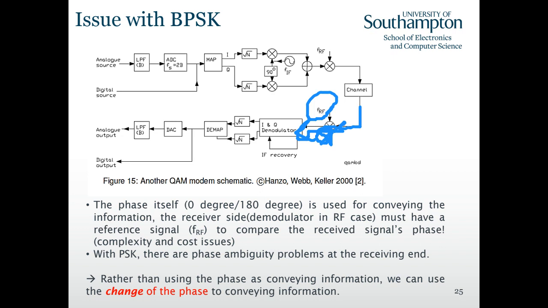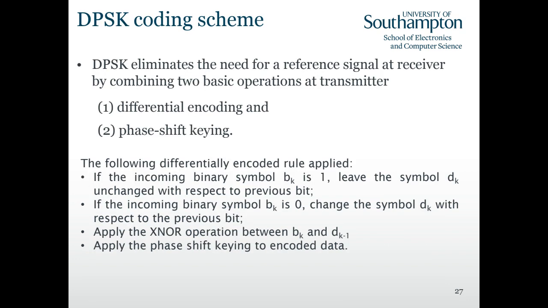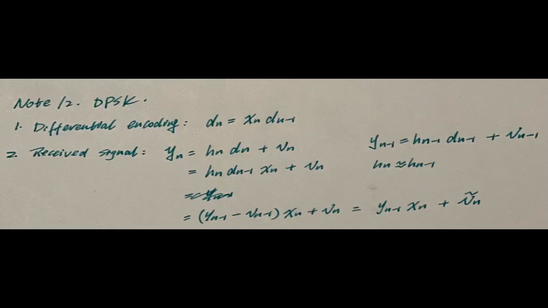So how do we reduce the complexity of the coherent receiver? We use DPSK. Let me show you a note here, which I have written on the whiteboard. The purpose of DPSK is that instead of using a locally generated laser, we use our own delayed version of the received signal as reference.